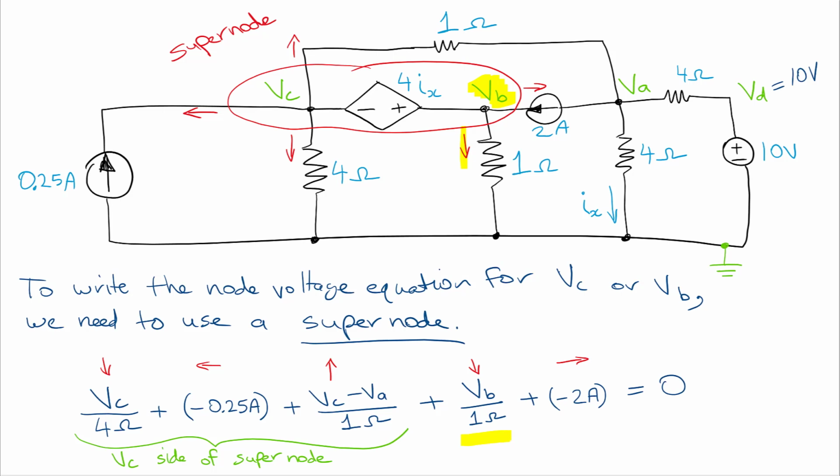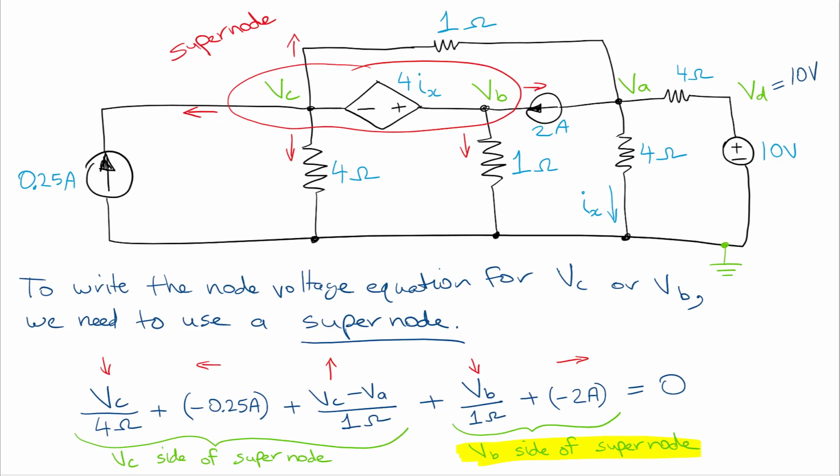And then we have the current flowing to the right, and we see that we have a 2 amp current source with the direction flowing in. So now we have to use a negative sign. So we have this negative sign here. Okay, so now those are the two terms on the VB side of the supernode. And let's just write a little note that that was the VB side of the supernode. Okay, so now what do we do?